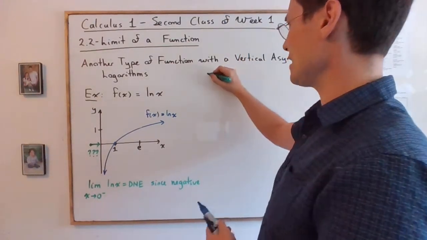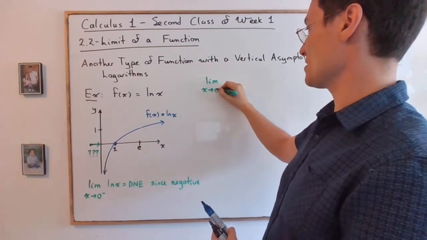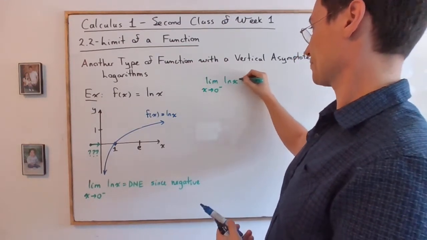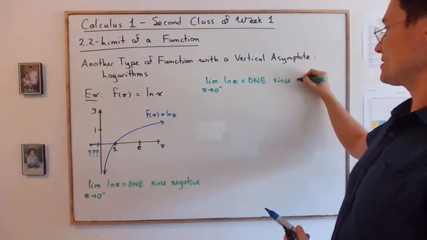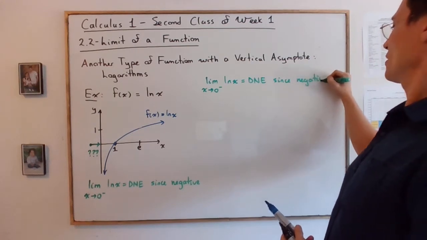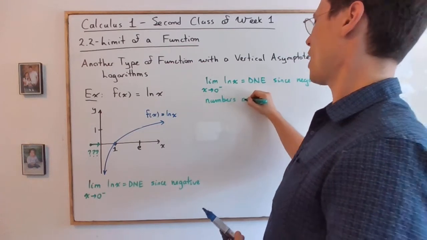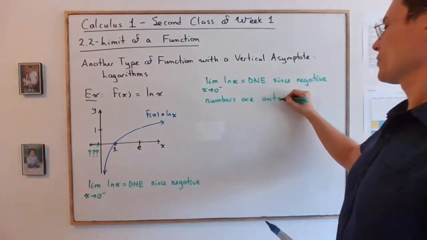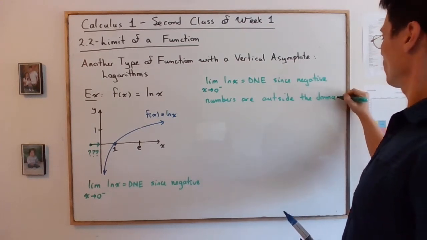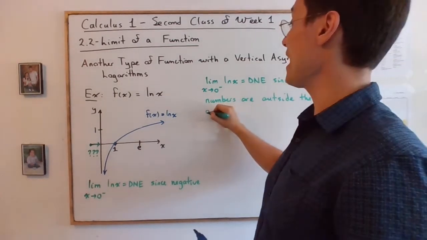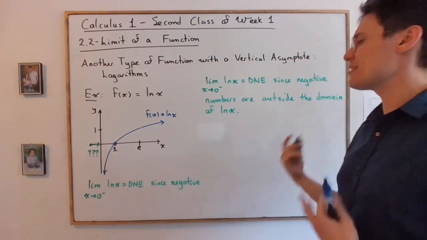So let's write it over here: the limit as x is approaching 0 is DNE, since negative numbers are outside the domain of the ln of x function.